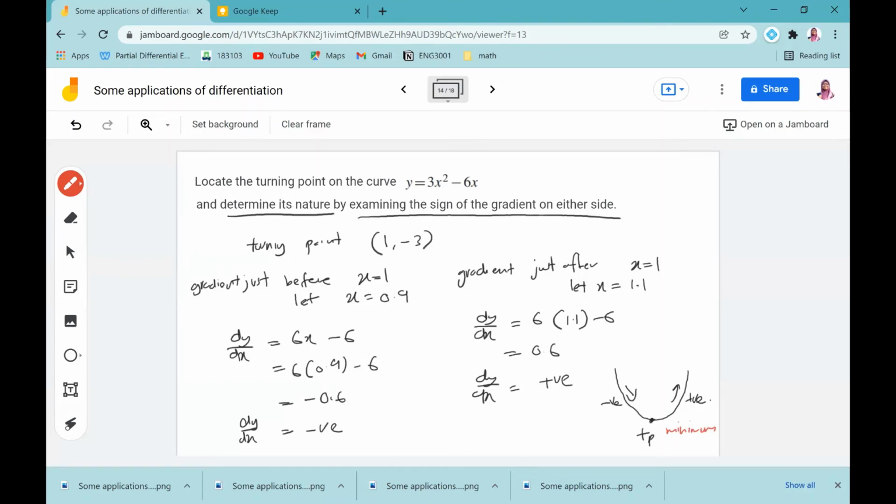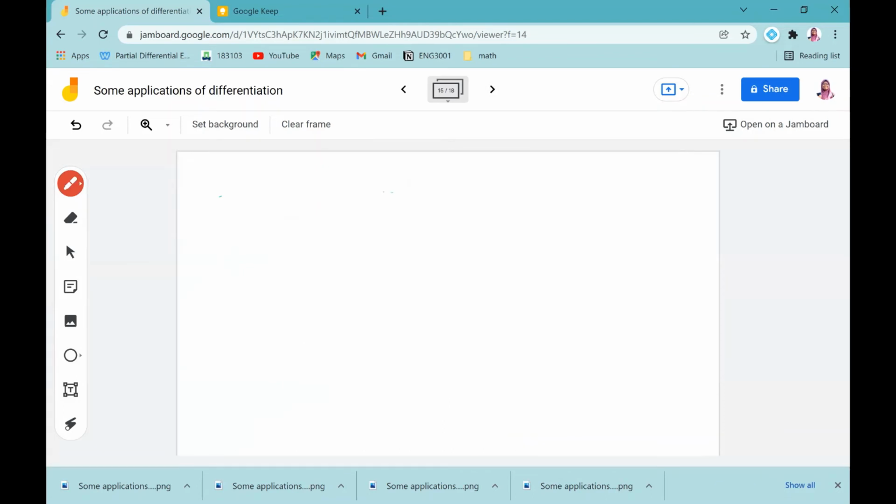Let's say we want to determine through the first method, which is we differentiate a second time, d2y/dx2. dy/dx is 6x minus 6, right?